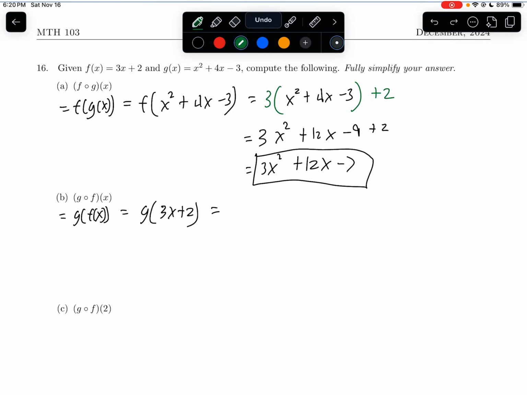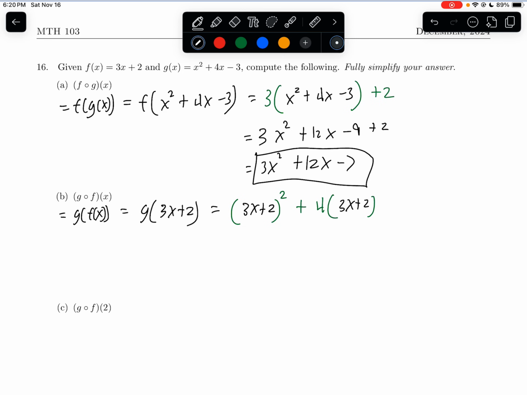So I would take the input that I have, which is the 3x plus 2, and I would square it. That's the first step. And then I would do plus 4 times the input for the function, which is here 3x plus 2, and then I would subtract 3.